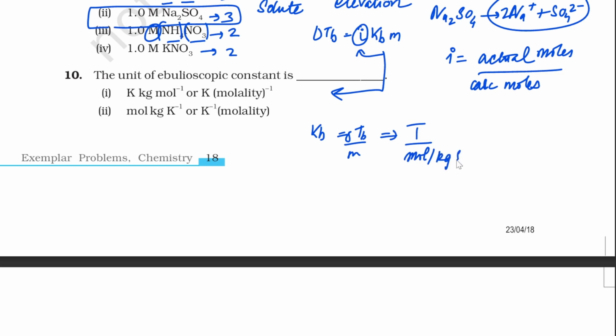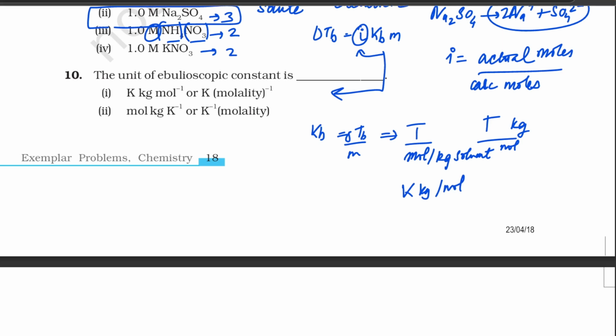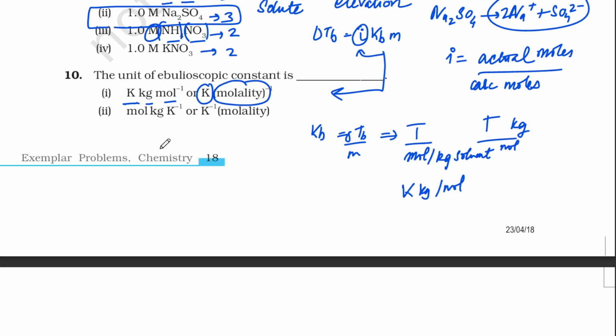Kilogram of solvent, right? So temperature, then kilogram, and then mole. That's it, right? Okay. So Kelvin kg per mole. That's my go-to answer, I think. We'll figure out the option. That's not that big a deal. Looks like पहला वाला ही सही है. Kelvin kilogram per mole, or Kelvin molality inverse. Yeah, there you go. Beautiful, isn't it?